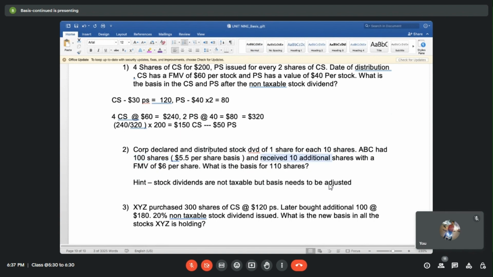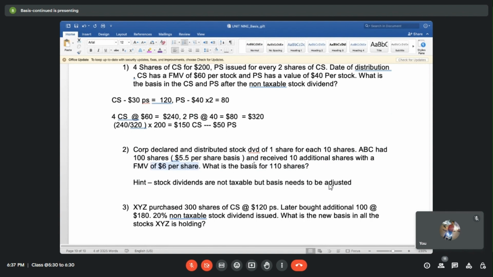So the total shares they now have in hand is 110 shares. But the original basis for these shares was $550, 5.5 per share basis for 100 shares. And now when they receive 10 shares, the market value of one share went up to 60 per share.